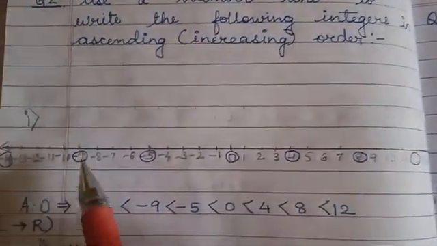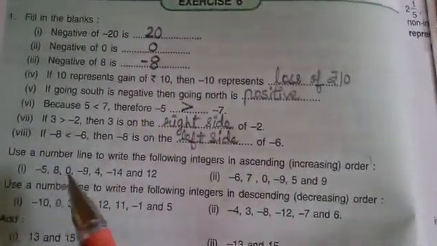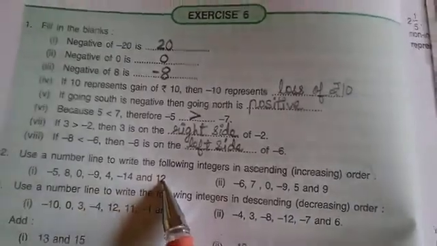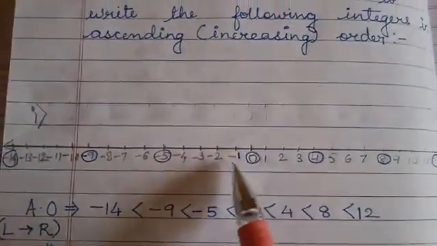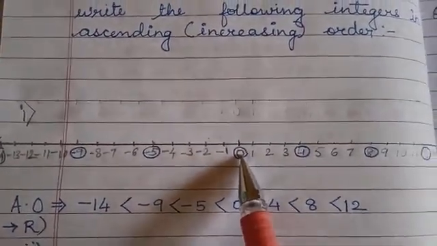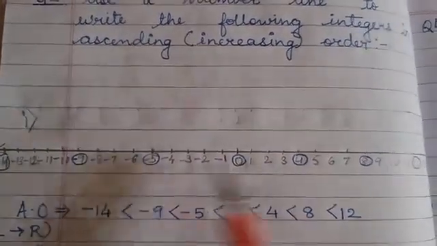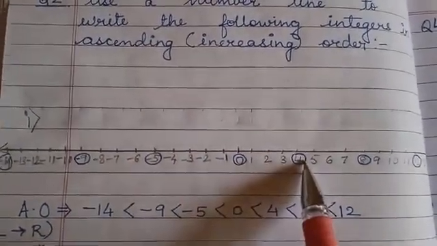This is the first question. You can see here the integers which were given in the question, I have circled them. You can see I have drawn the number line. 0 is in the center, the left side has all negative integers, and the right side has all positive integers.